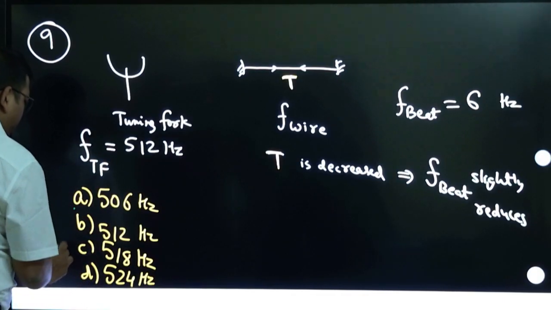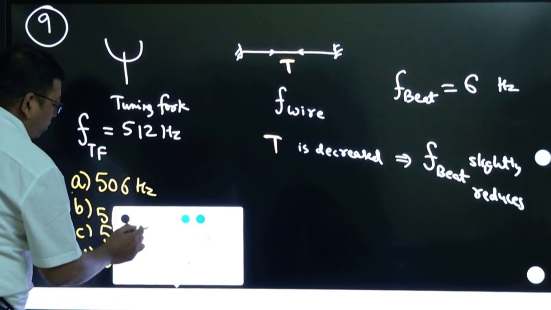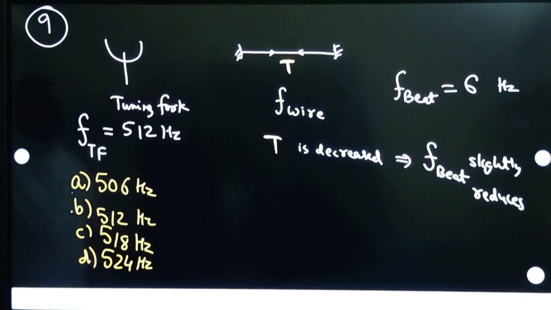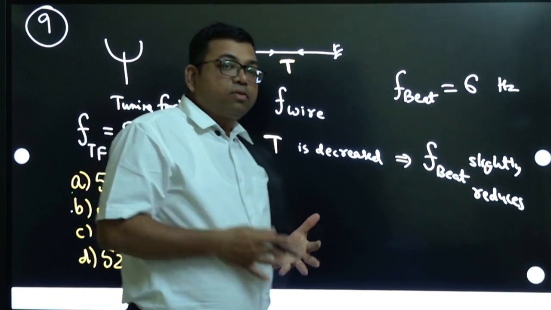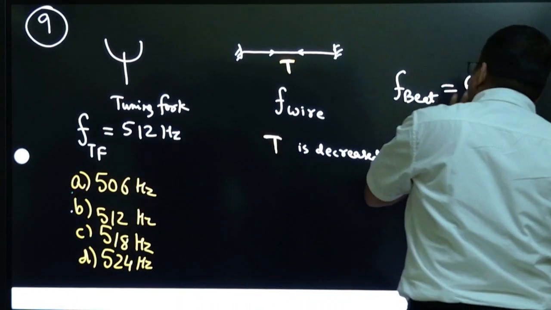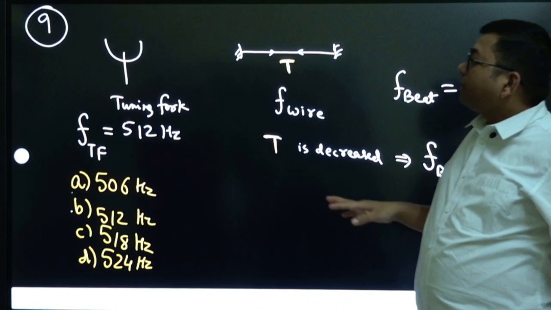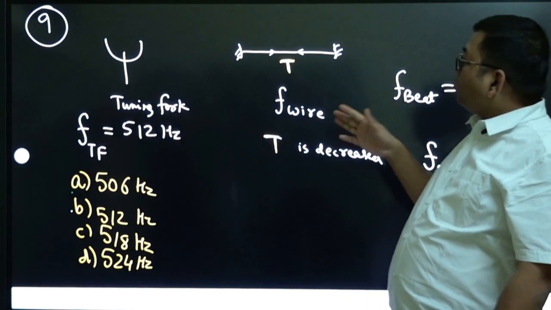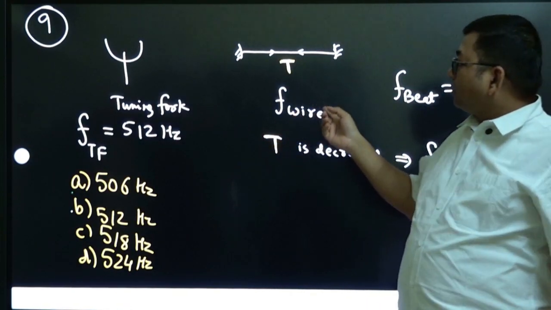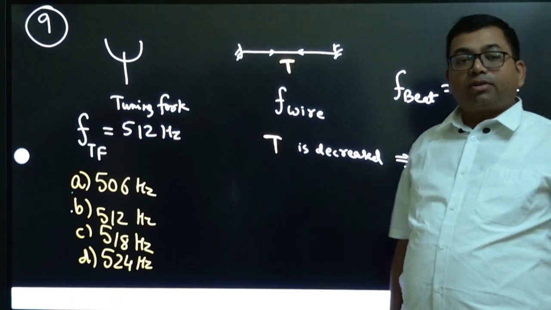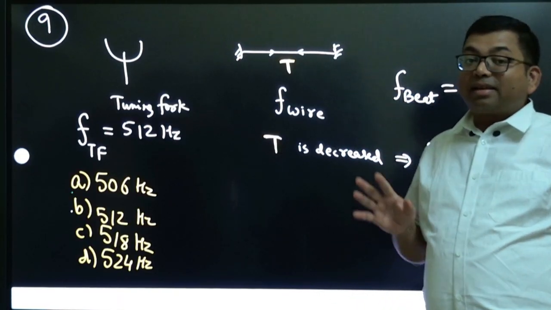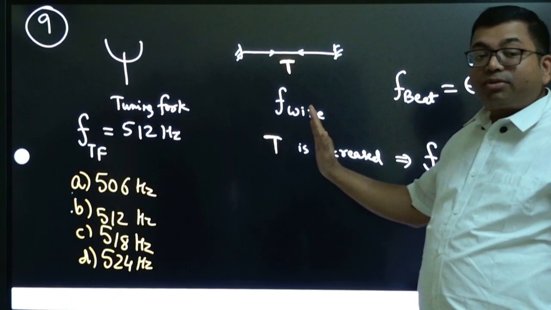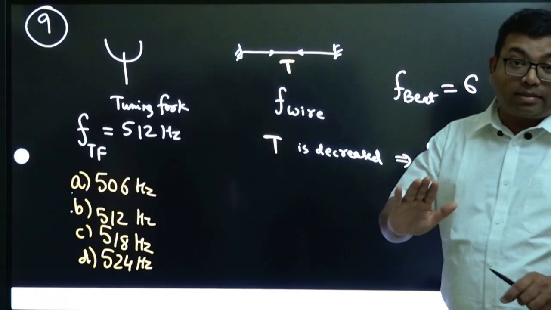How to approach this question? You know the formula, there is no doubt: beat frequency is the difference of frequency. So 6 hertz is the difference of frequency. Is it 512 minus the wire frequency, or is it the frequency of the wire minus 512? You remember that in class I told you it can be either 512 plus 6 or 512 minus 6.